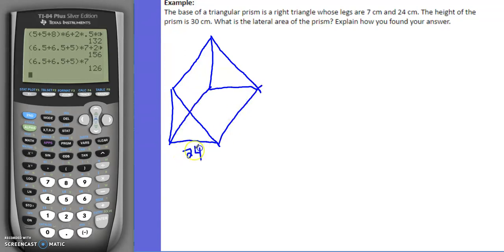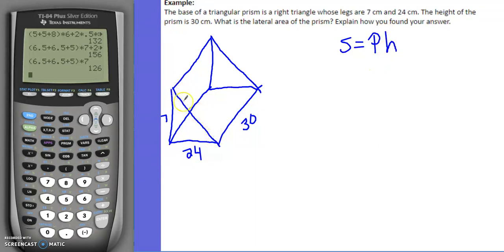So we have 24 and 7, and the height of the prism is 30. What is the lateral area of the prism? Okay, so lateral is the perimeter times the height of the prism.